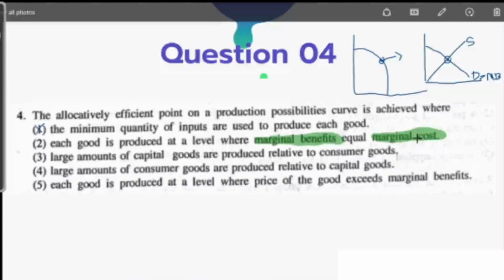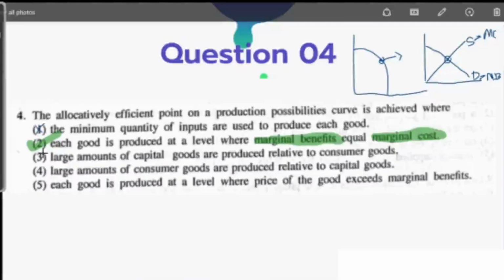The extra cost per unit is increasing. So marginal cost represents our supply curve. So at this point, marginal cost is equal to marginal benefit. So the second statement is correct. Each good is produced at a level where marginal benefit equals marginal cost.